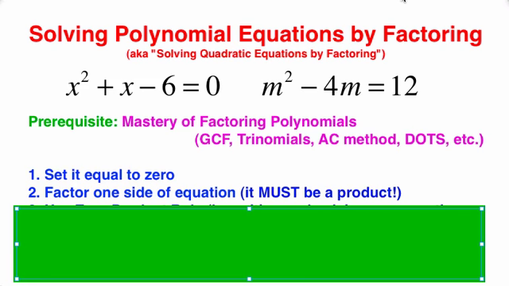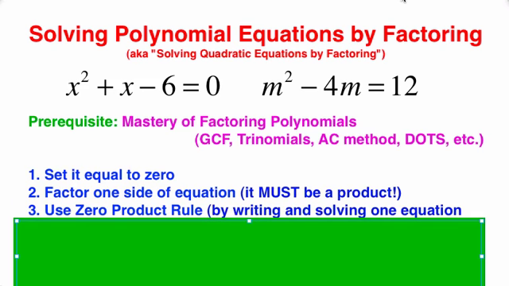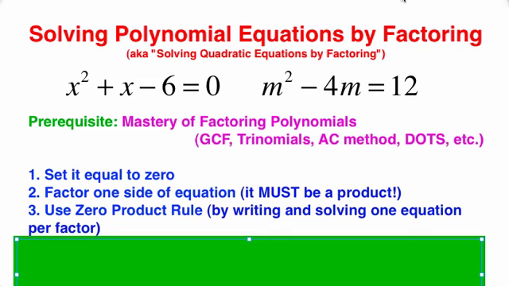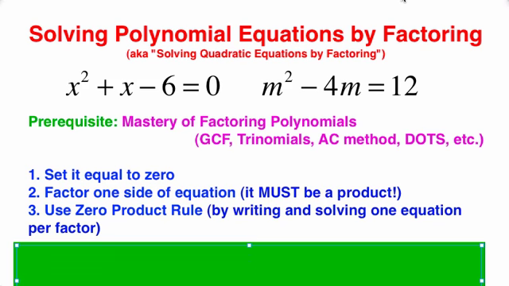And again, the reason why we do that is we are going to use the zero product rule. The zero product rule says that blank times blank equals 0, so one of those numbers has to be 0. The way you use the zero product rule is you write and solve a new equation for every factor that you have in your factored polynomial.